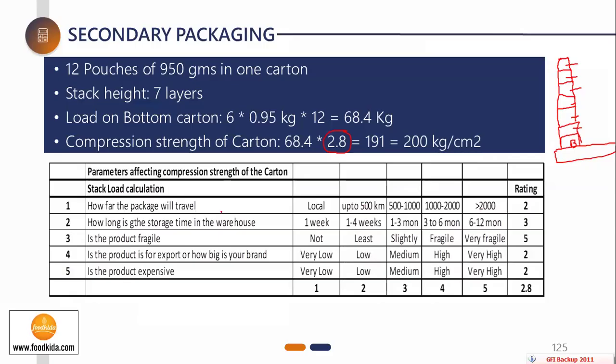Now I'm saying mine is local. So I get a rating of 2 here, up to 500 kilometers. How long is the storage time in the warehouse? 1 week, 1 to 4 weeks, 1 to 3 months, 3 to 6 months, 6 to 12 months. I say mine is 1 to 3 months, including mine and the distributors'.